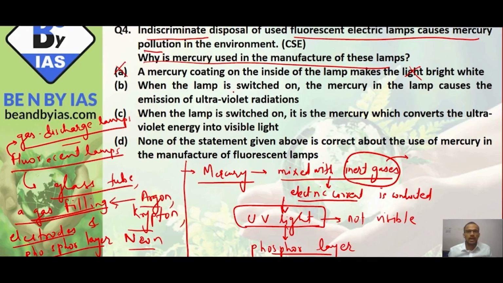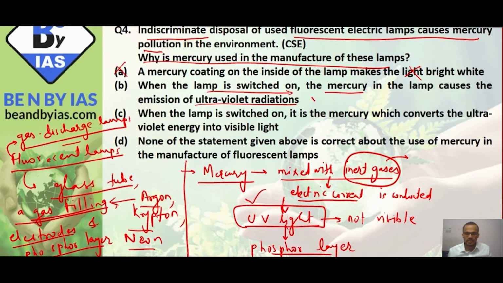Next, when the lamp is switched on, the mercury in the lamp causes the emission of ultraviolet radiations. So as the lamp is switched on, that means as the electric current is passed through that particular gas mixed with mercury, as we have discussed, it leads to production of UV light, and that's why the emission of UV radiations occurs.